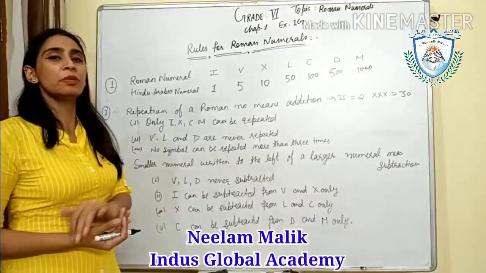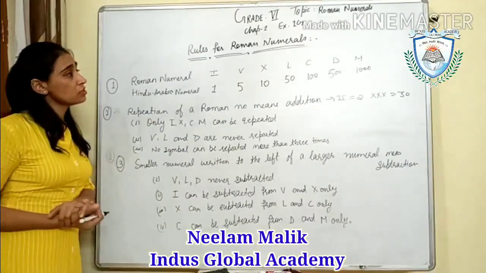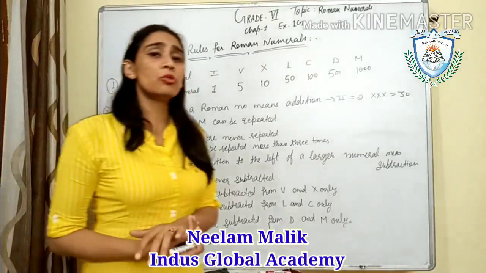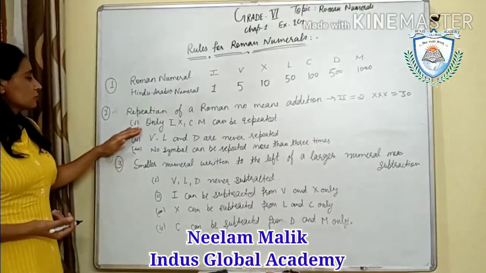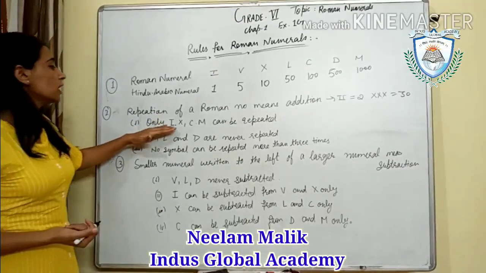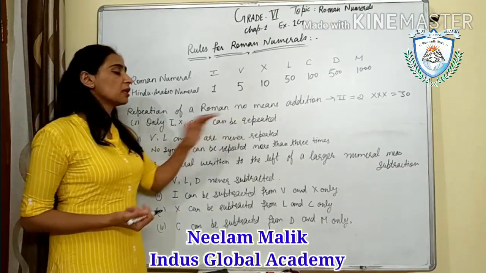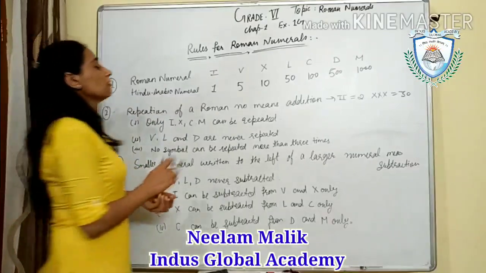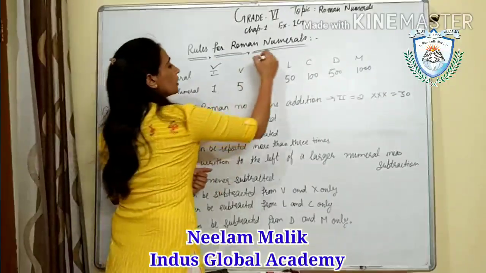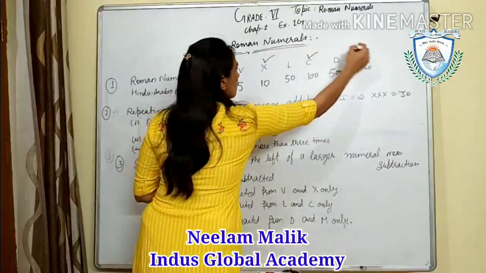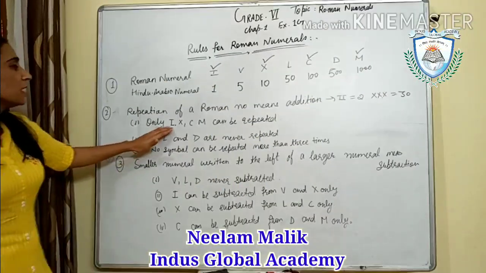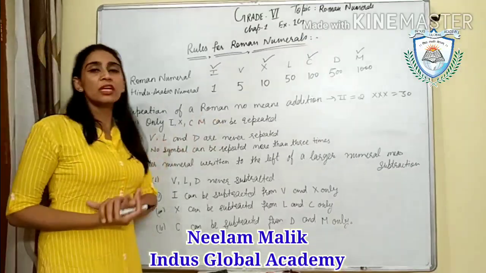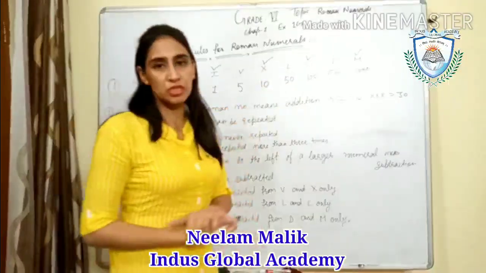About repetition there are also some rules, meaning which symbols we have to repeat and which we do not repeat. First, only I, X, C, M can be repeated. We can repeat only these 4 symbols.